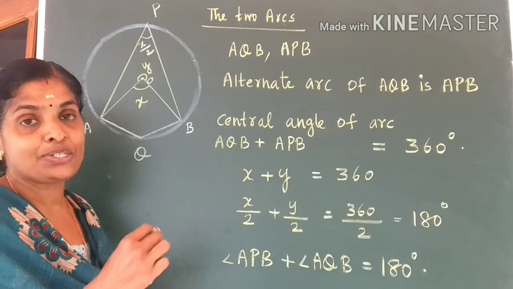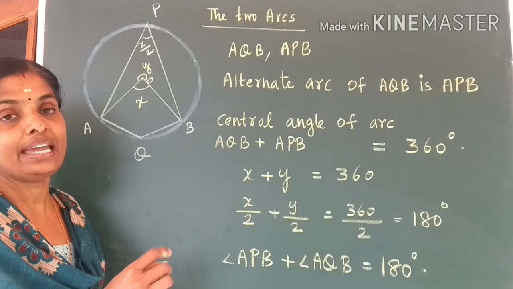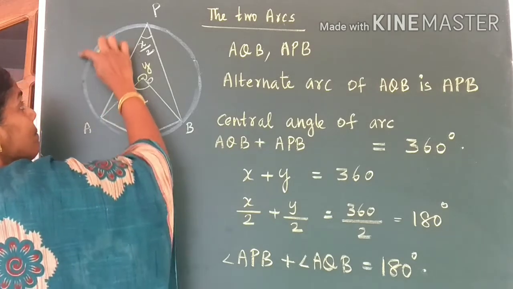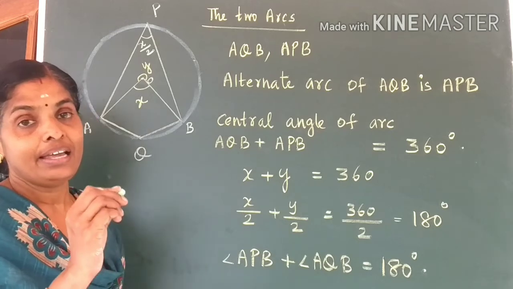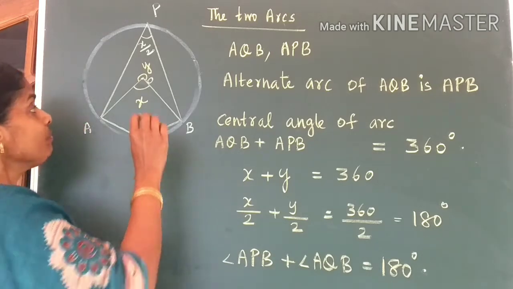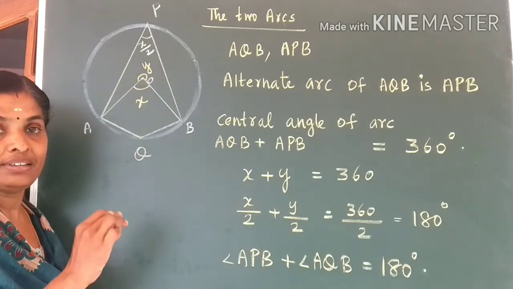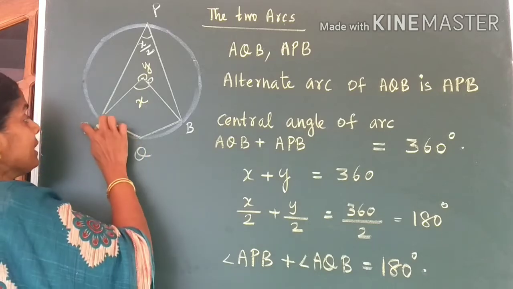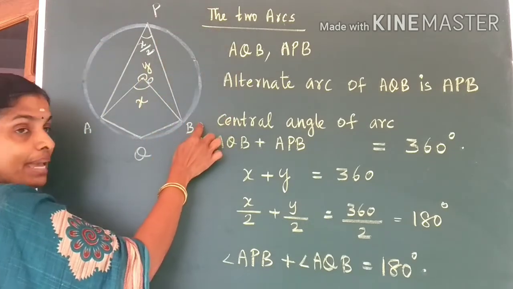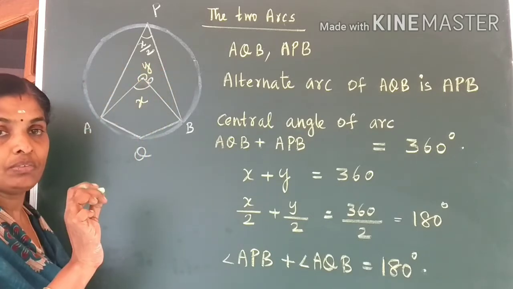Similarly, let us talk about the second arc. Which is your second arc? APB is your second arc. It makes an angle y at the center of the circle. Is it clear, children? Angle made by the arc APB at the center is equal to y.